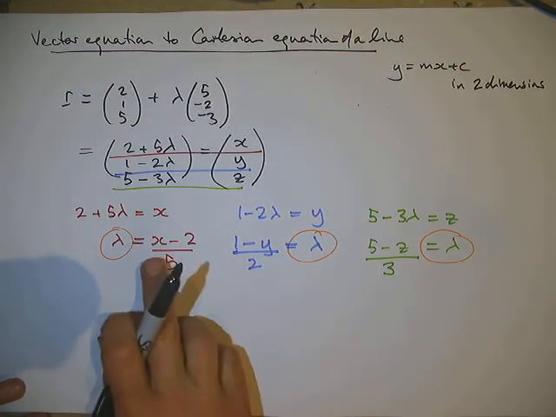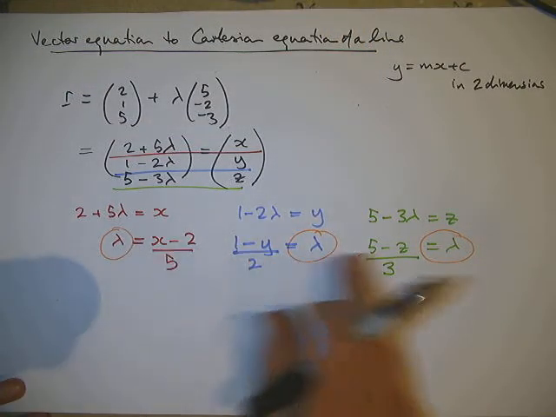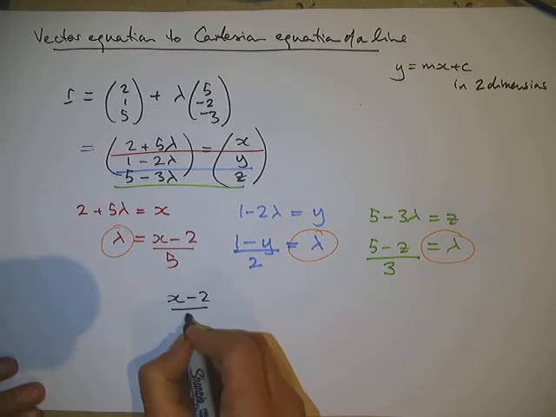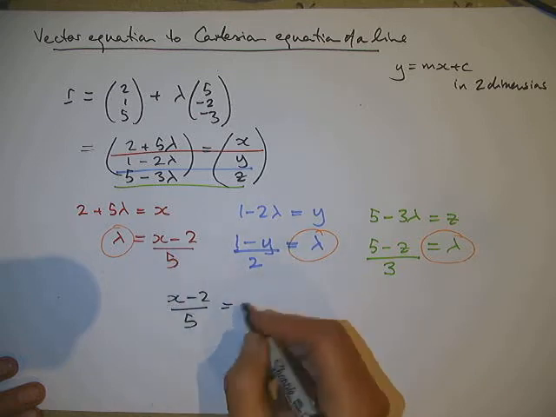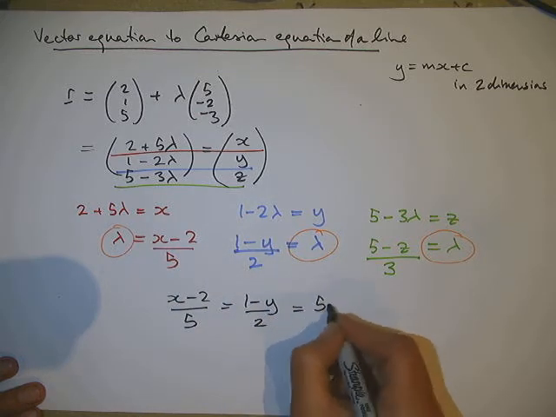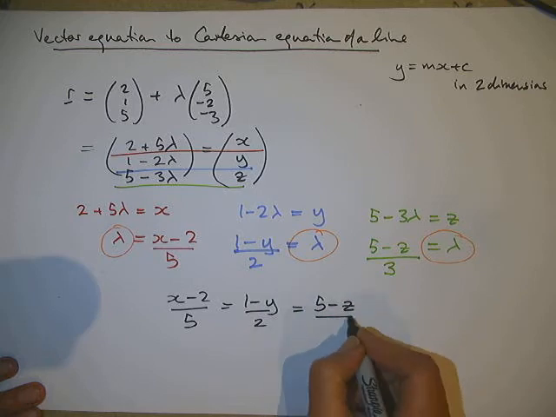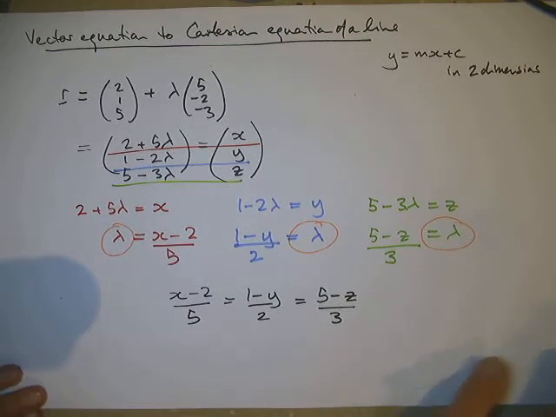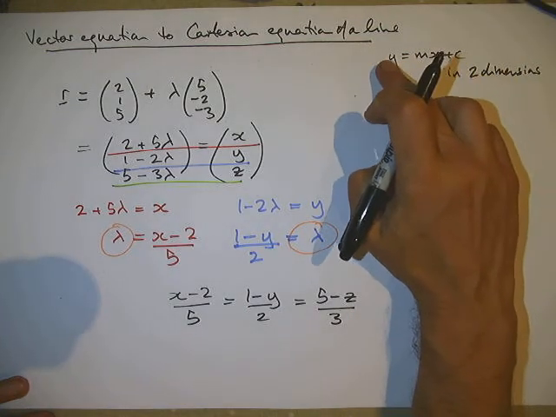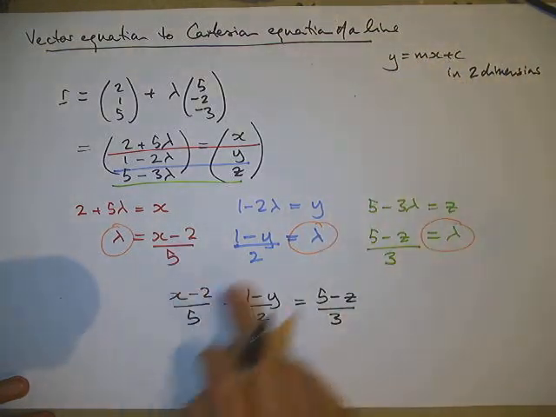So they're all equal. I can put that equal to that equal to that. The Cartesian equation for this line is that equal to that equal to that. x, y and z related to each other. Now, in 2 dimensions, one thing equal to another; in 3 dimensions, 1, 2, 3 bits equal.